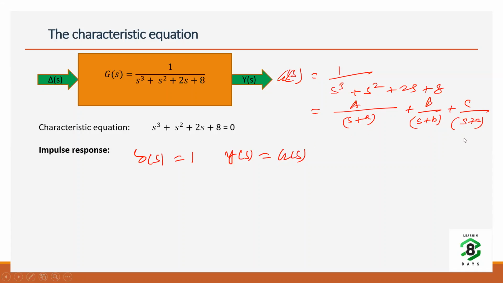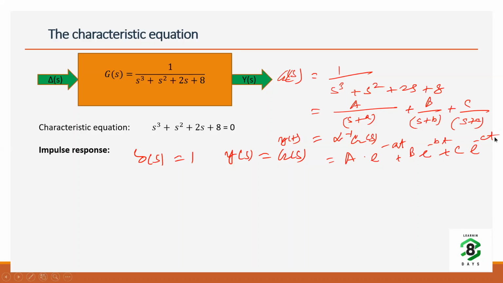But what does it say? It says that it is nothing but a sum of 3 exponential components. If you want to find out y(t), then we can just take the inverse Laplace of G(s), and this represents a into e to the power minus at plus b into e to the power minus bt plus c into e to the power minus ct.